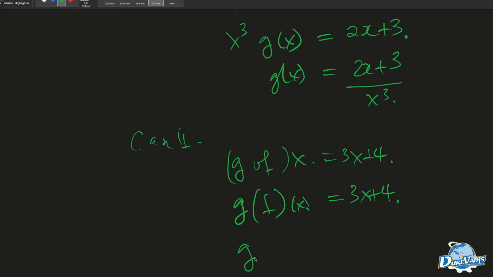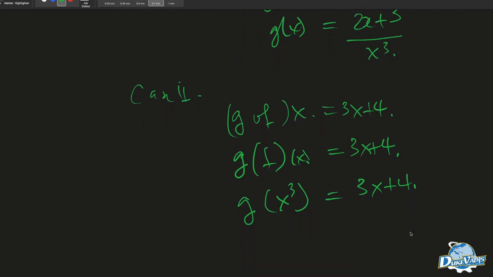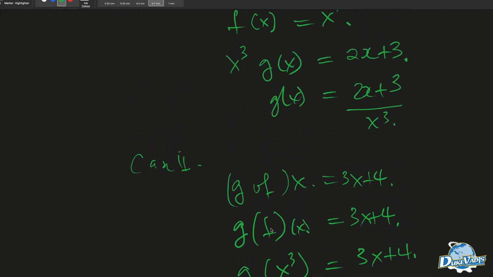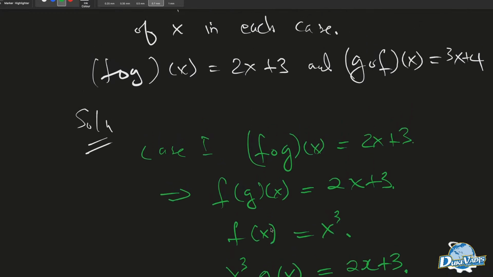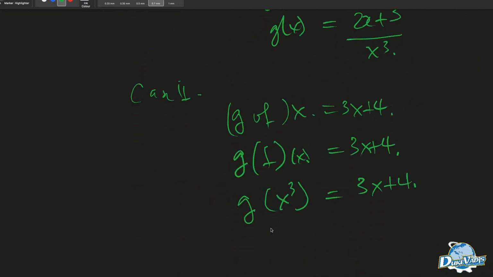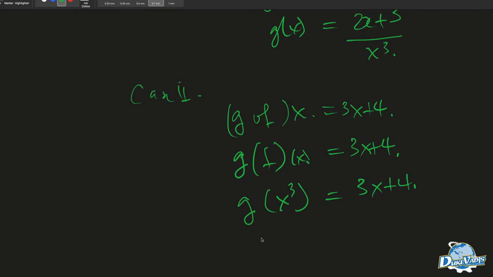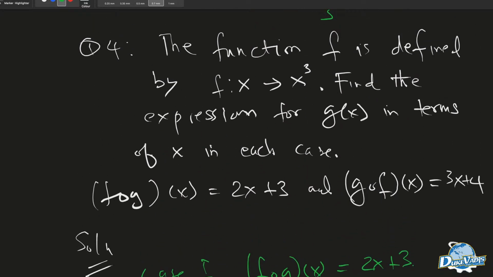So g of x multiplying by f of x, which is x cubed, is giving 3x plus 4. The same way, the g is standing and f is entering. So our g is what we are trying to find. So the function g of x will be equal to 3x plus 4 all over x cubed. So these are the solutions we are able to come out with.